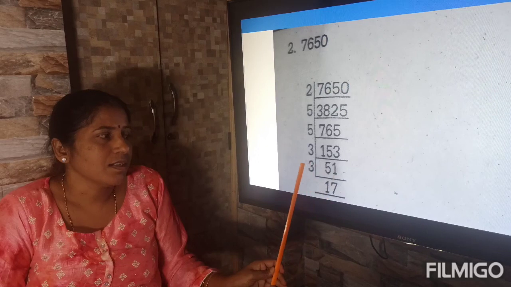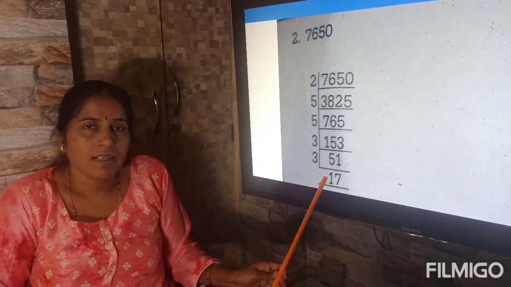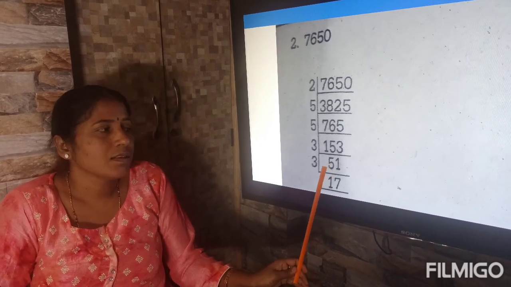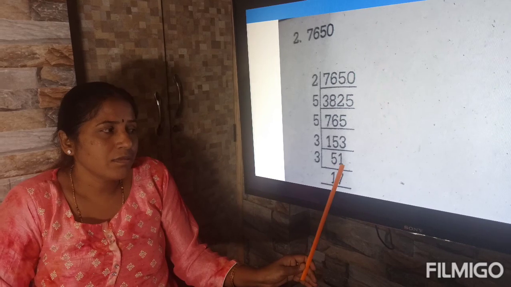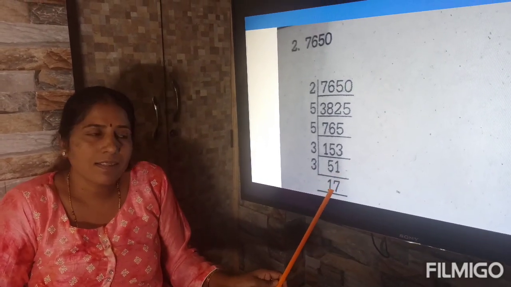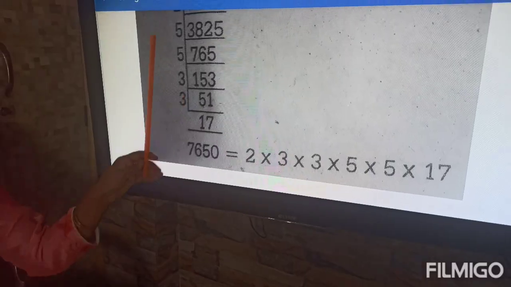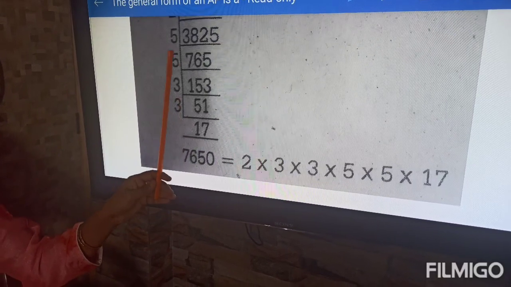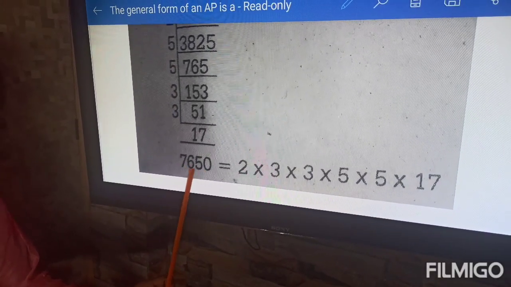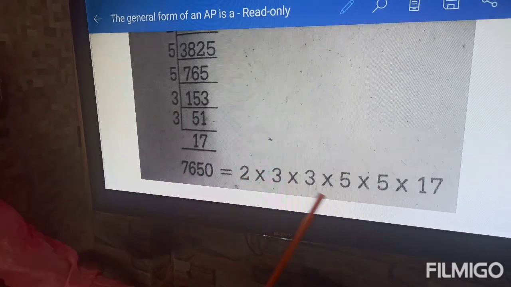This 51 we can again divide by 3. 3 1s are 3, from 5 subtract 3, 2 remains. Then here 2, here 1 means 21. 3 7s are 21. We got the last number 17. These are the prime factors of the given number. The given number is 7650, which is equal to all the factors that we have to write.